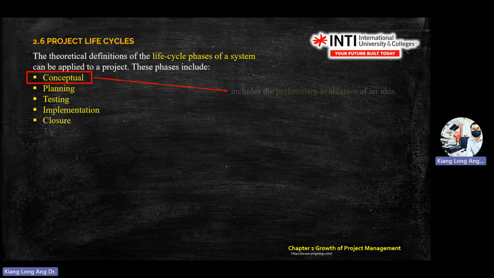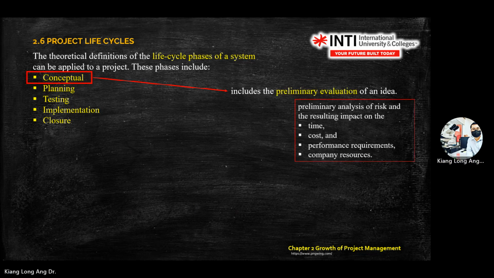So we go one by one. Concept is conceptual. You have the scope of the project and so on. This includes preliminary evaluation. You check the time, cost, performance, and company resources.